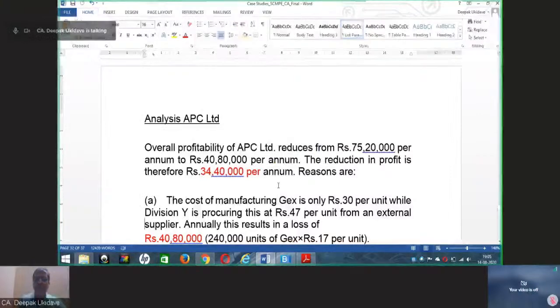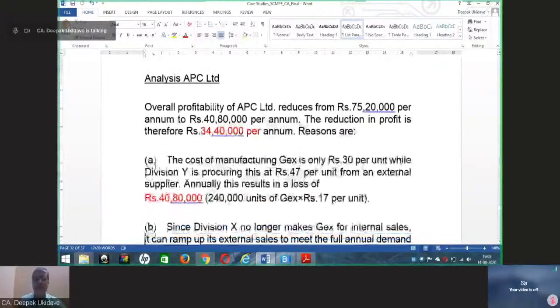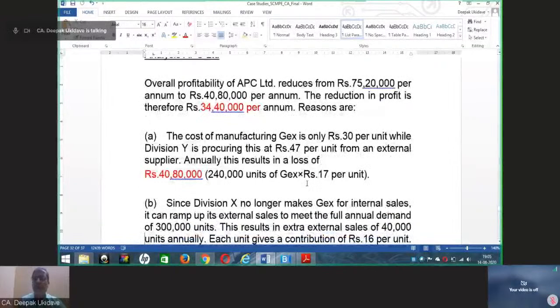Now there are two factors. One factor is, as I was telling you, the cost of manufacturing in-house is only 30 rupees per unit. Division X is manufacturing this component at 30 rupees only: material cost, labor cost and variable overhead only 30 rupees. Whereas division Y is procuring from the market at 47.